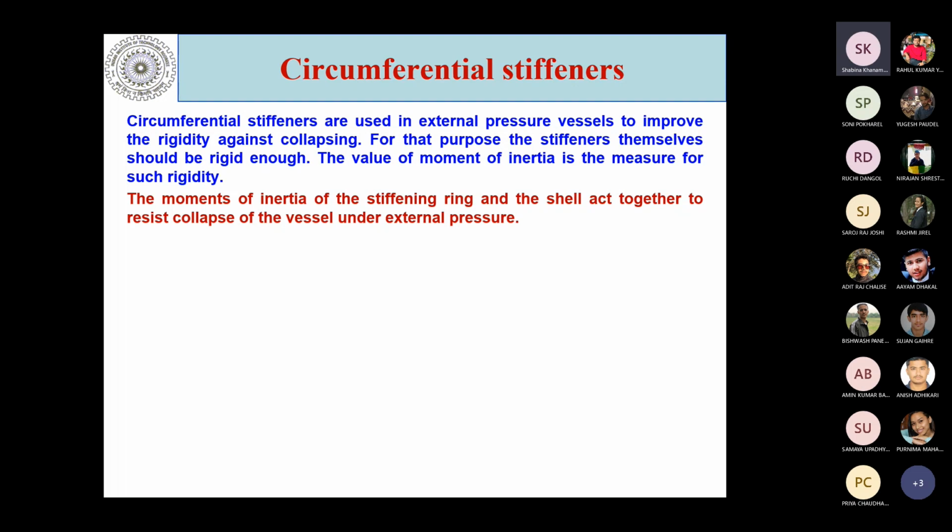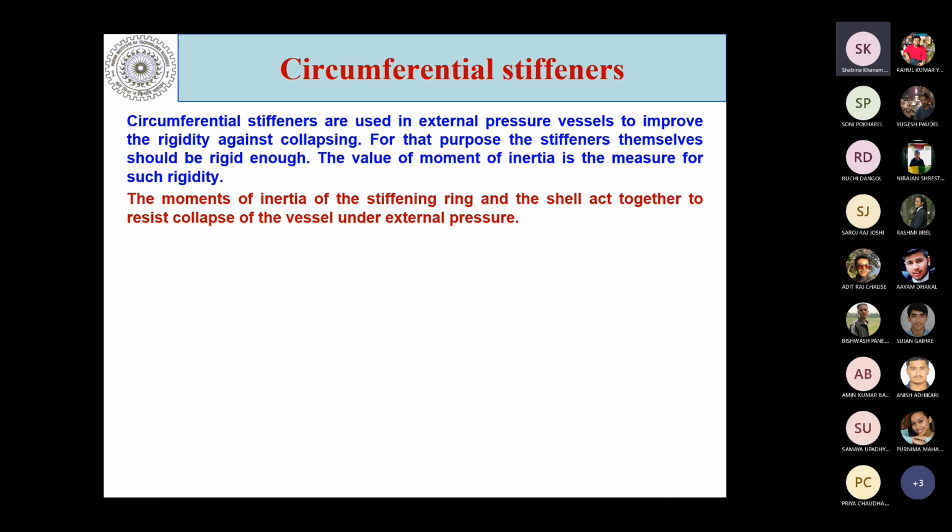Structure means the stiffening ring and the shell. Okay, and that moment of inertia should be lesser than the moment of inertia of the stiffener. Please listen carefully. Moment of inertia of the structure should be lesser than the moment of inertia of the stiffening ring. Then only we can choose that stiffening ring as a suitable ring, right?